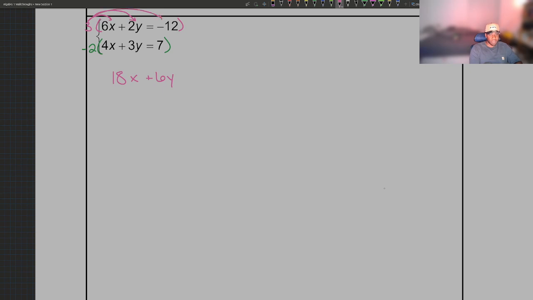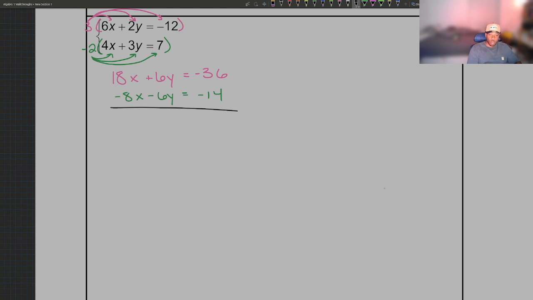And 3 times negative 12 is going to get me negative 36. Down below, negative 2 times 4x is going to get me negative 8x. Negative 2 times 3y is going to get me negative 6y. And negative 2 times 7 is going to get me negative 14.